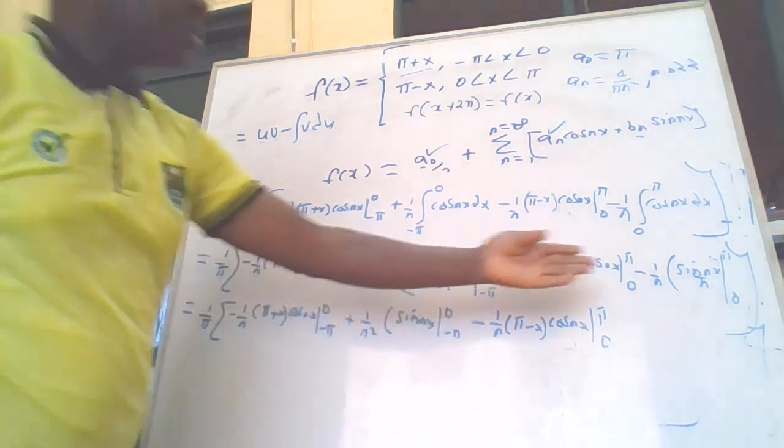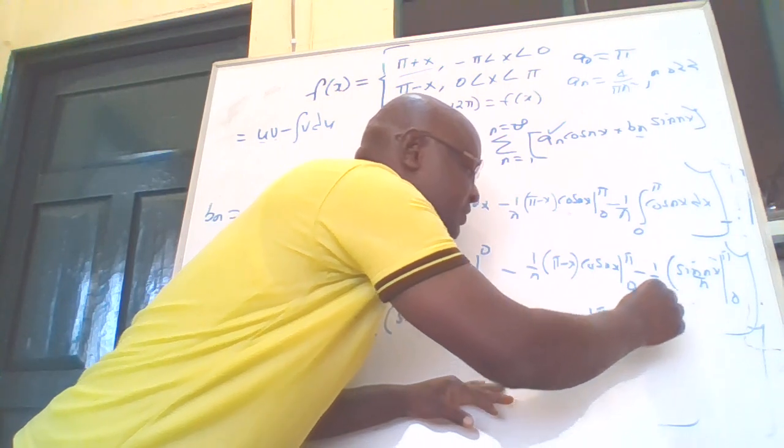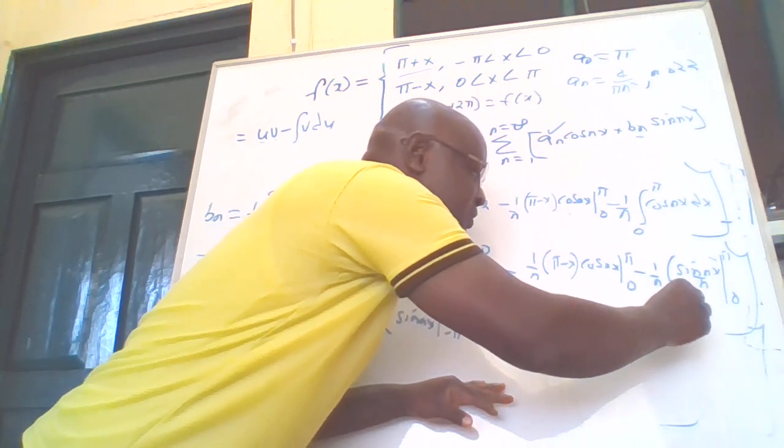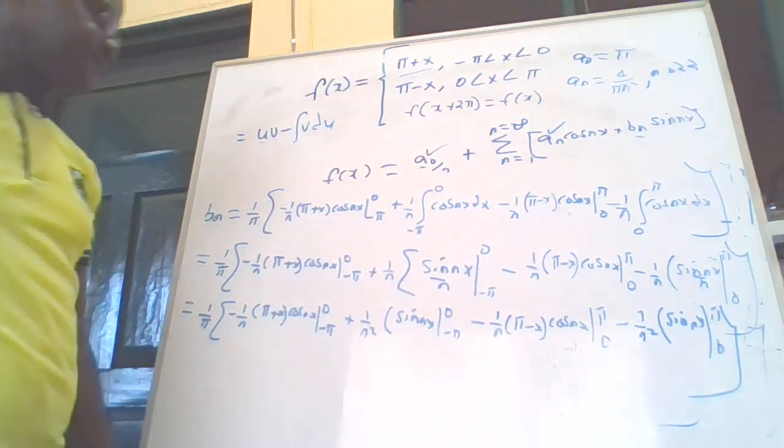That's the range. Then we take 1 over n outside, so we have minus 1 over n squared into sine nx, like that.